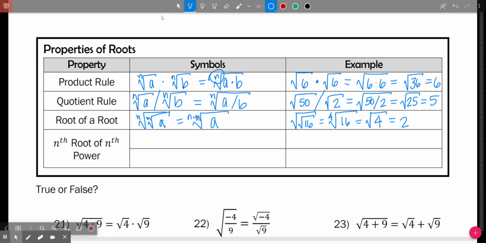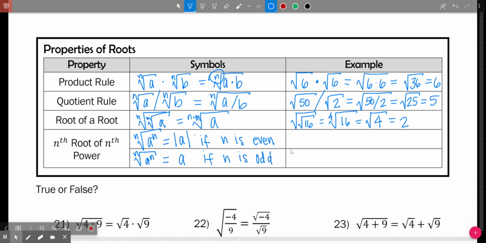The nth root of the nth power. If we're taking the nth root of a to the nth power, the nth root of a to the nth power is equal to the absolute value of a if n is even. The nth root of a to the nth power is equal to whatever the value of a is if n is odd.